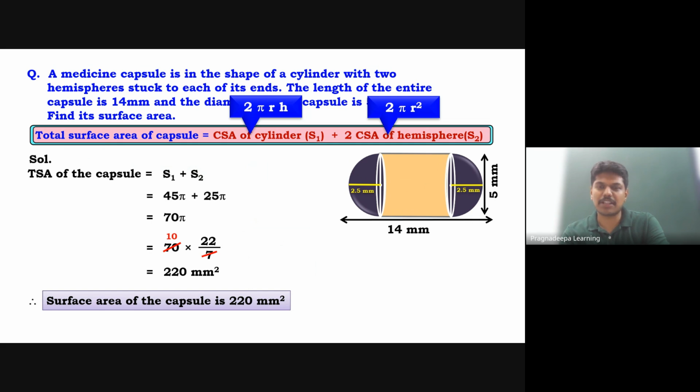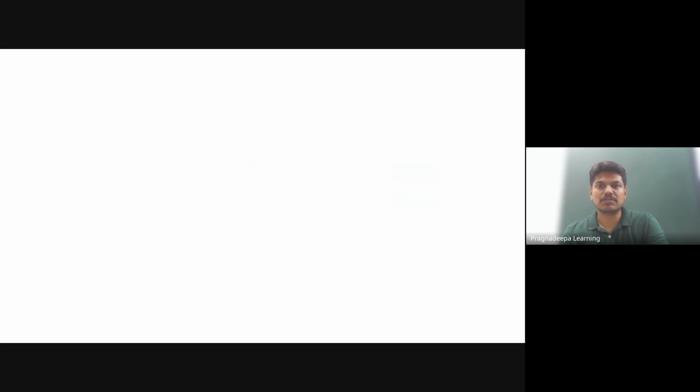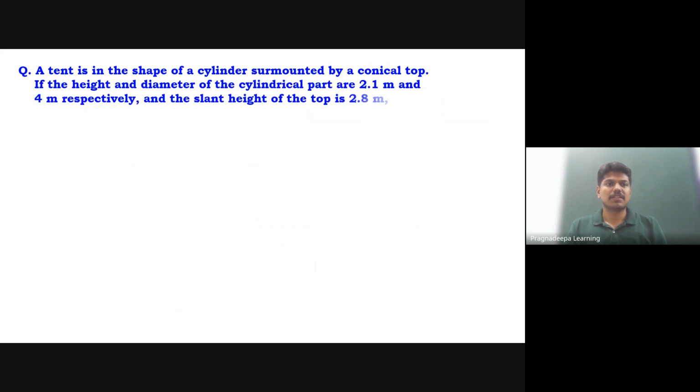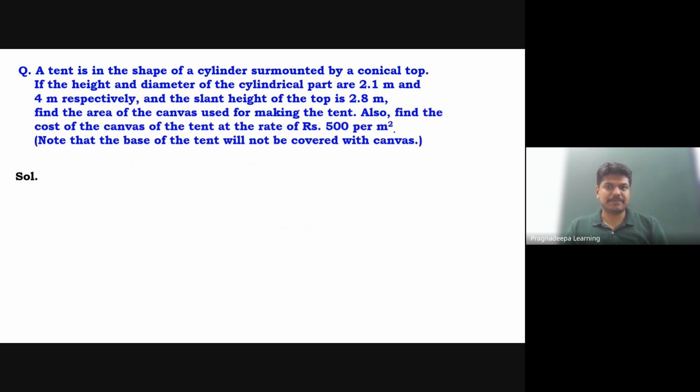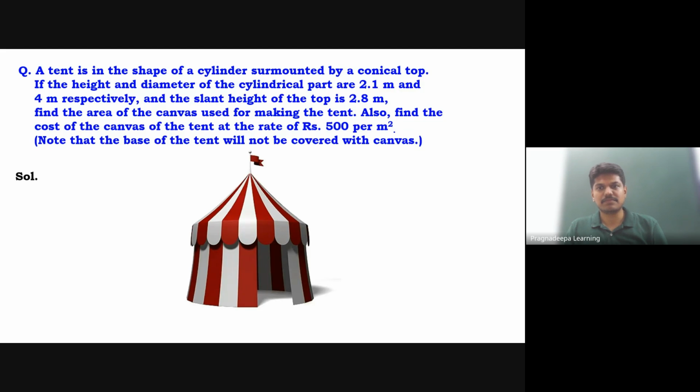Okay, next question, let's go. Ready? Okay. There is a tent. Let us see. There is a tent in the shape of a cylinder surmounted by a conical top. You can imagine that, students. There is a cylinder, there is a conical top above it.